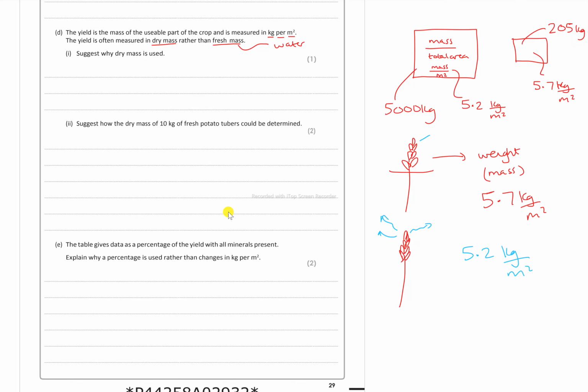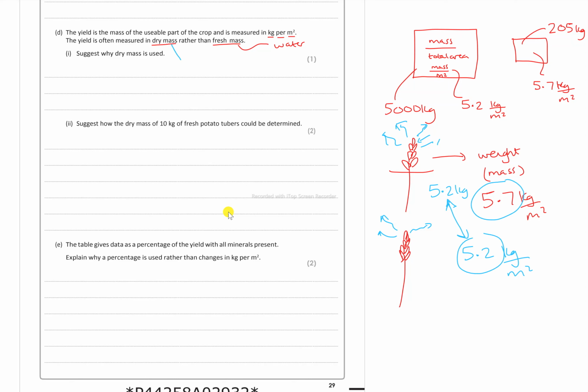Now if I dried this out, the water would escape and I would get 5.2, for example. So it's more realistic comparing these two, because this has got no water or very little water. This has got lots of water, so you can't compare the 5.7 to 5.2.